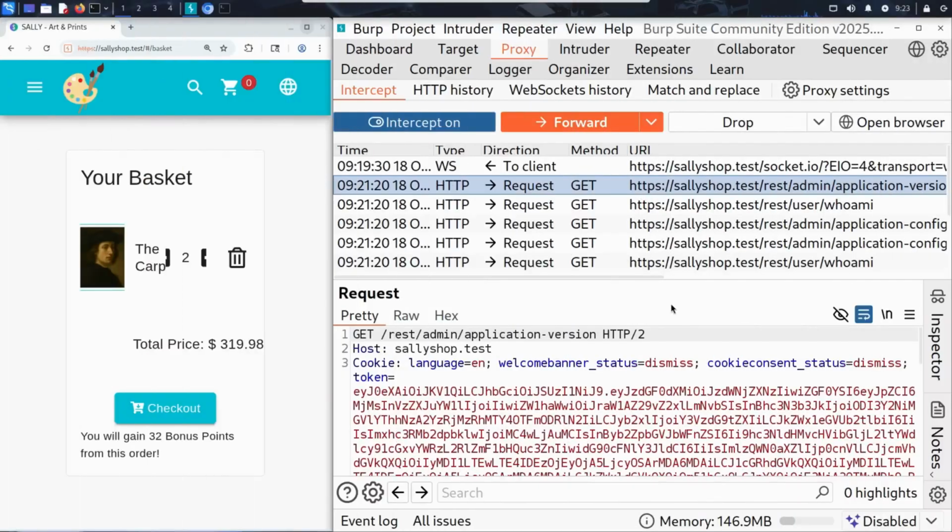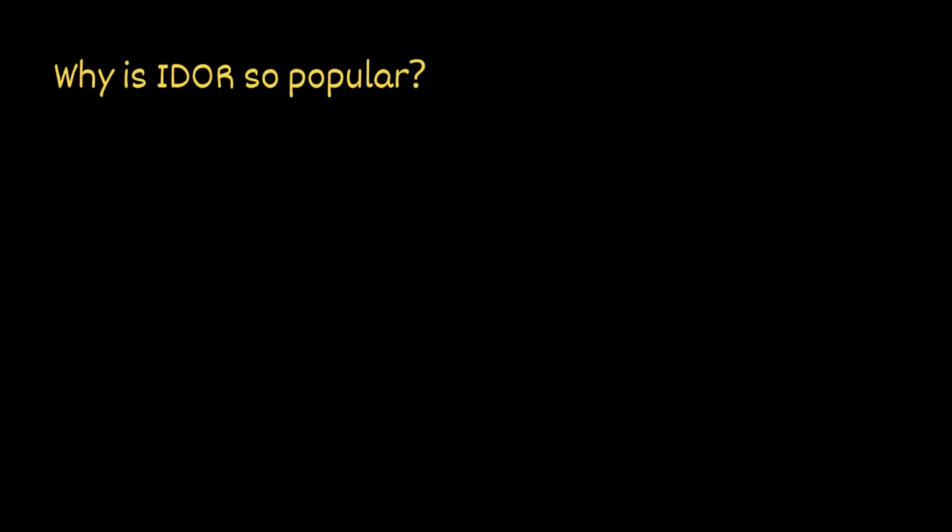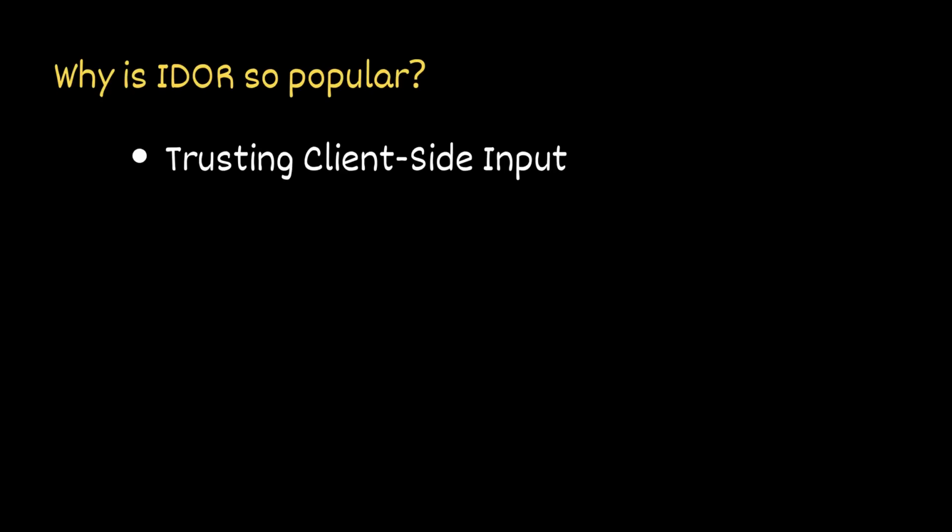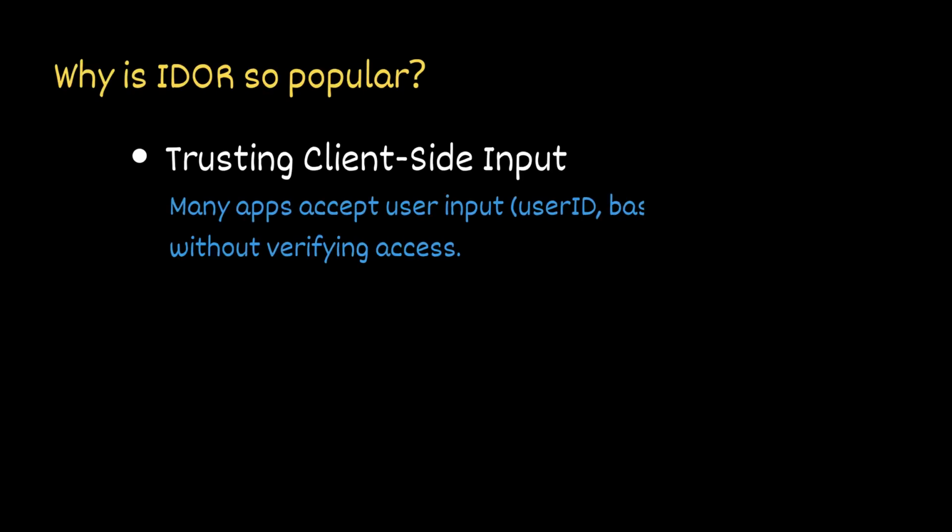Insecure direct object reference is one of the most common and dangerous web vulnerabilities today, especially in modern web applications and APIs. Why does it happen so often? First, because developers often trust data that comes from the client side. Many apps accept user input like user IDs, basket IDs, or order numbers without confirming that the person making the request actually has permission to view them.